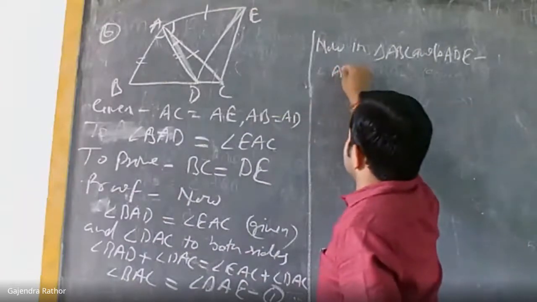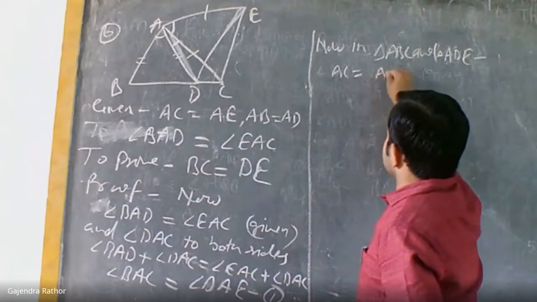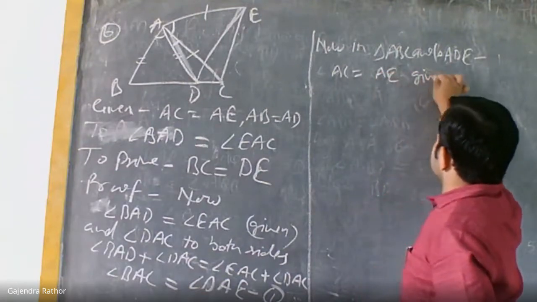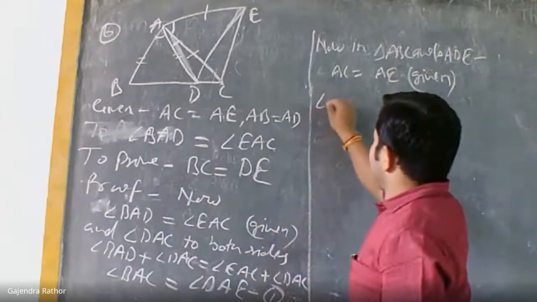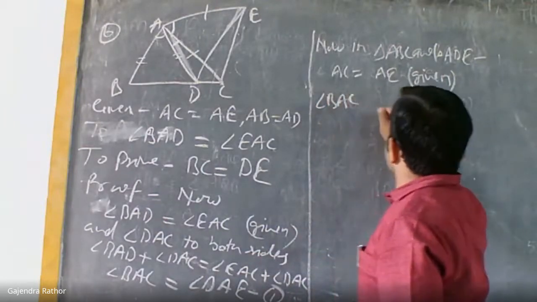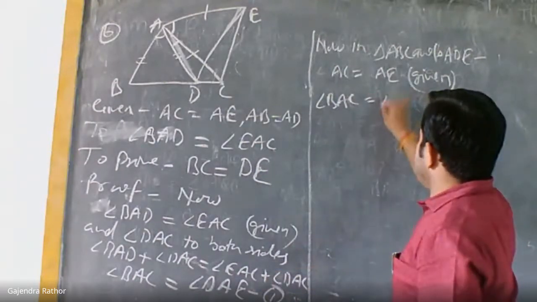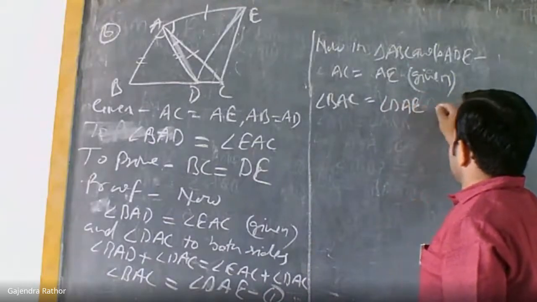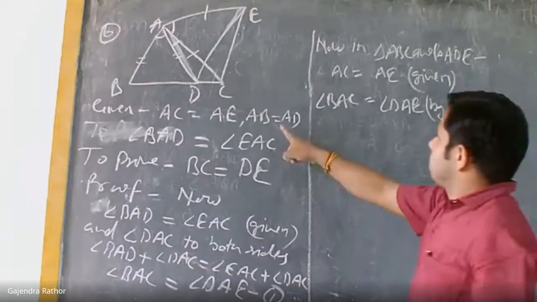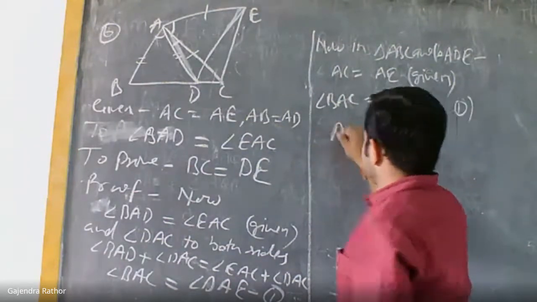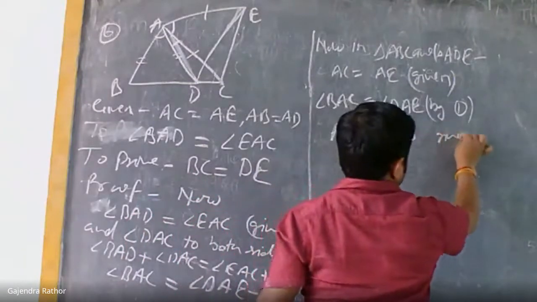Okay, first AC is equal to AE, that is given. The second part, angle BAC is equal to DAE by equation number 1, and the third part, AB is equal to AD. It is also given.